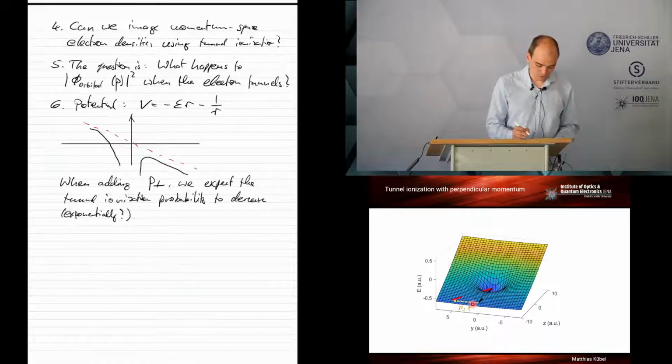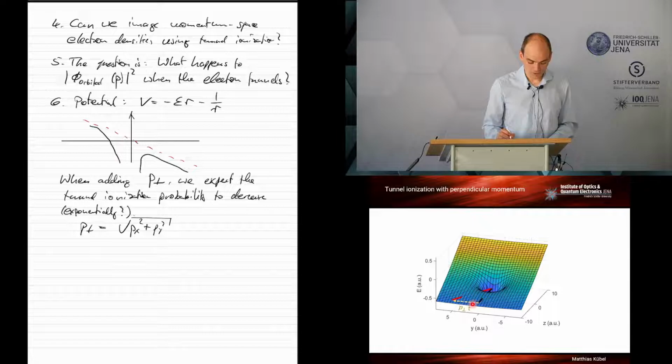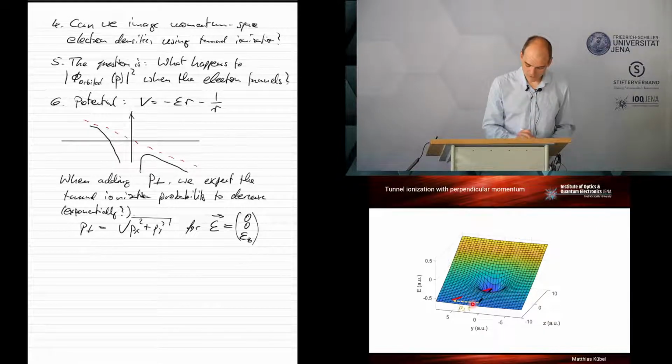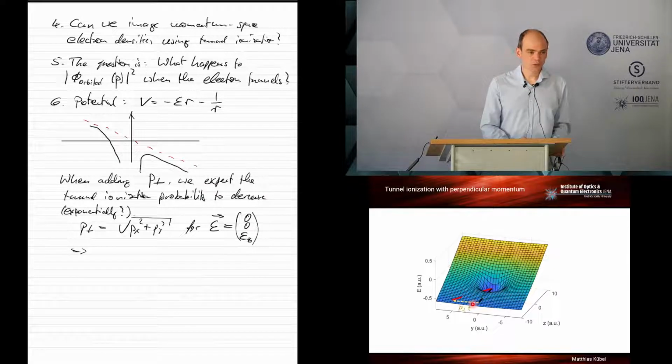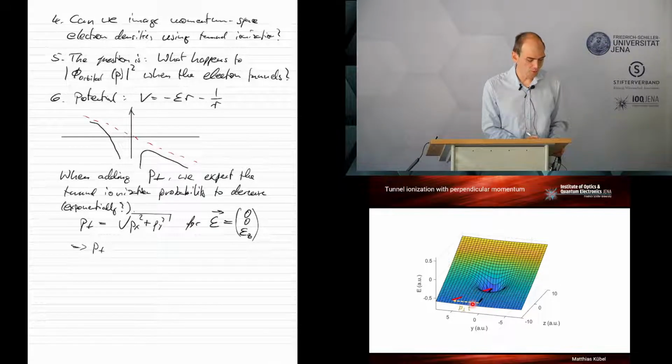By the way, P perpendicular is simply the square root of px squared plus py squared, for E equals Ez. Maybe a better way to write this is (0, 0, Ez). And because of this expected strong decrease, we can expect that the perpendicular momentum will remain rather small.